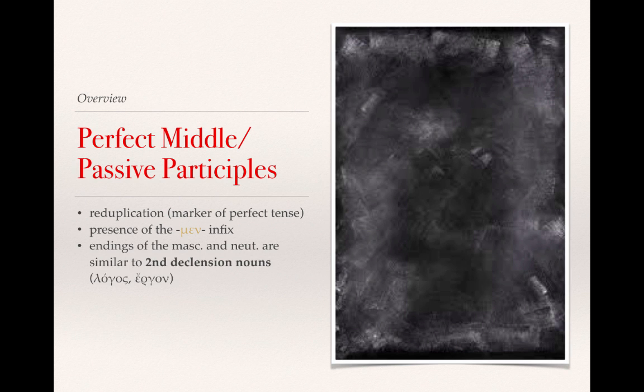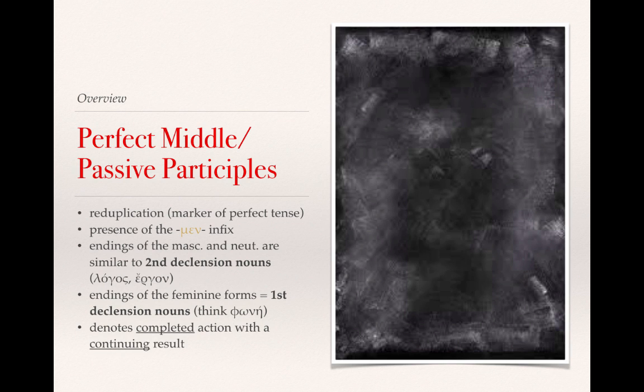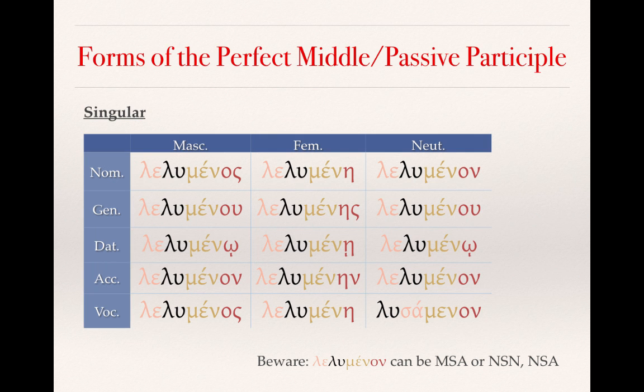And so the endings that are added onto that infix are similar to second declension nouns like logos and ergon. And then the endings of the feminine forms are like first declension nouns like phone. And as with the perfect active participle, perfect middle passive participles denote completed action that have a continuing result or a continuing effect.